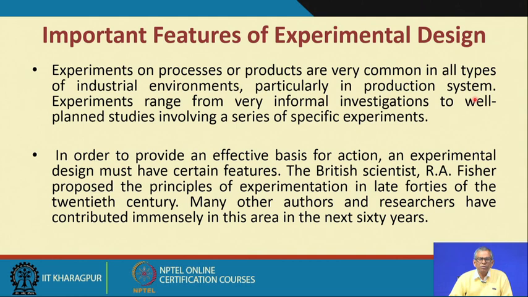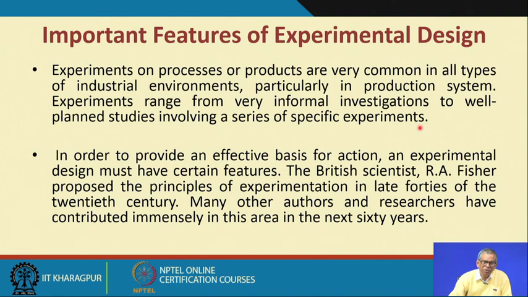In many cases, instead of formally doing experimentation, when you have the last 6 months of data of a process plant under different conditions, you can systematically study these data sets and put them in the experimental design format. Experiments range from very informal investigations to well planned studies involving a series of specific experiments, like in laboratory conditions.